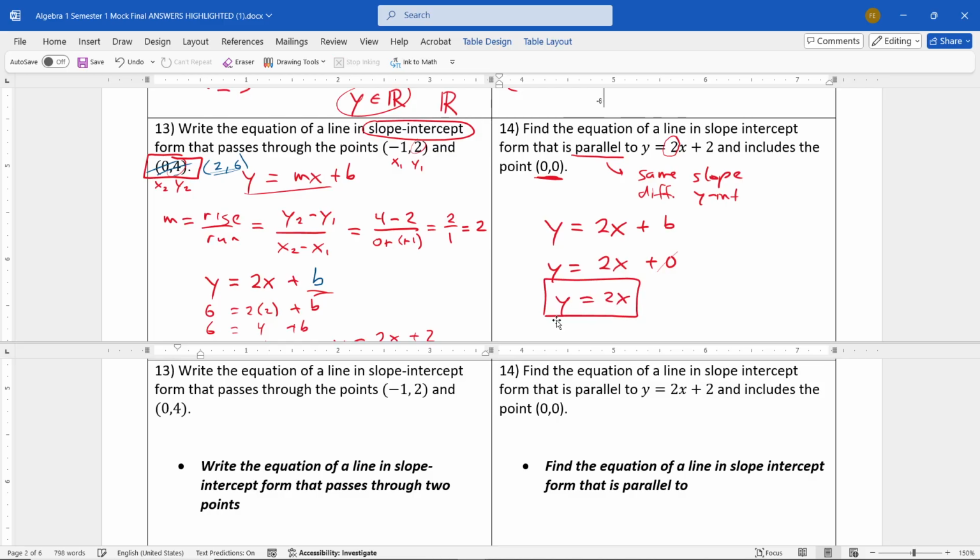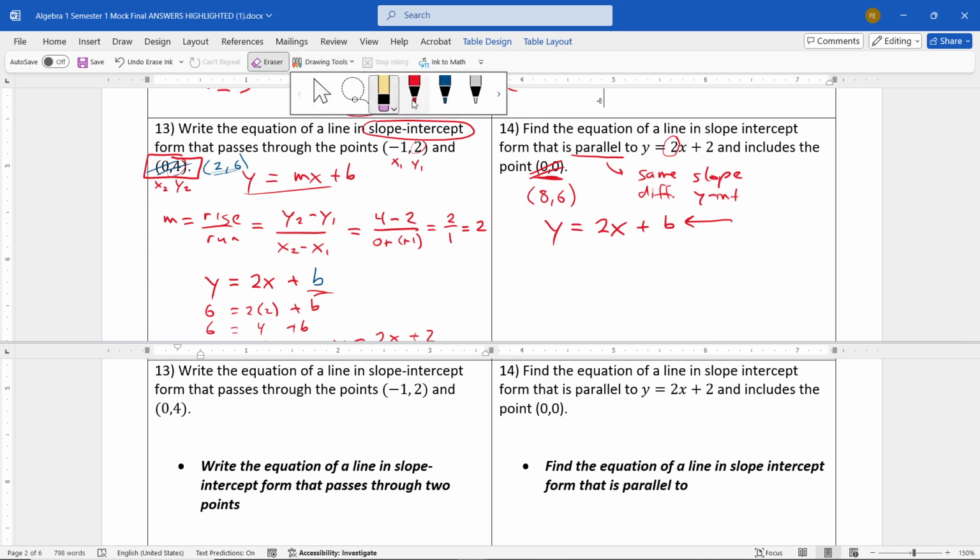Done. But same thing. Let's say this point was not (0, 0), and they're like, hey, find a line parallel to this that includes the point, I don't know, (8, 6). In that case, you would start here and plug in (8, 6) and find b.